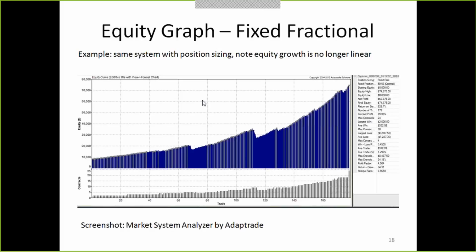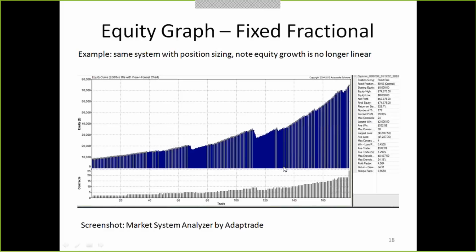But the large point here is to notice that as we go, we start getting into a nice exponential area, and you can see that we're getting some nice growth in an exponential way that we didn't get on the previous slide.